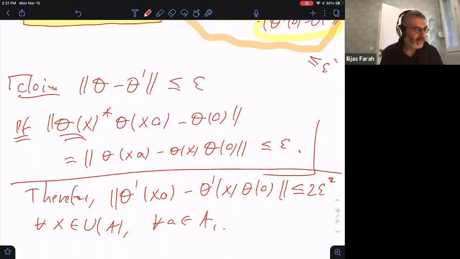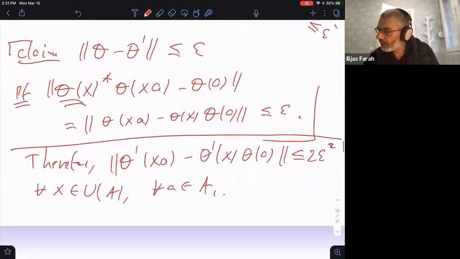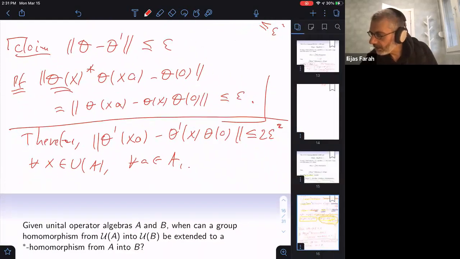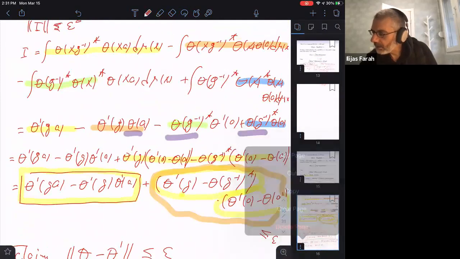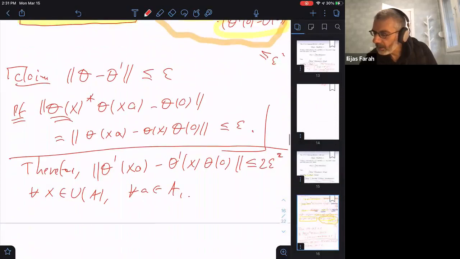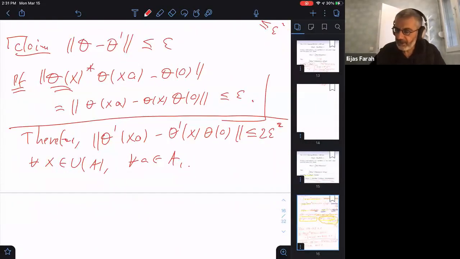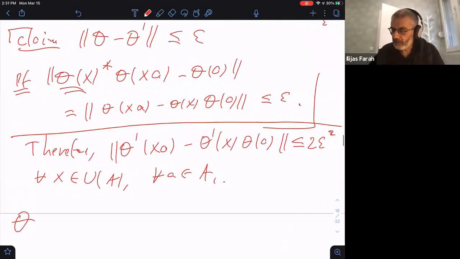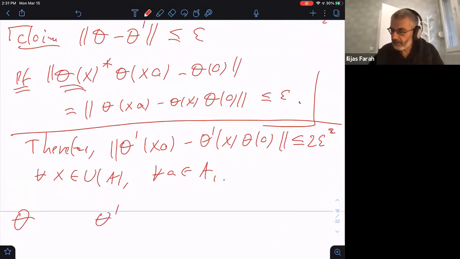All right, so what do we have here? Well, we started from the function theta, which was our approximate morphism, and we obtained this theta prime, which is within epsilon of theta, and it has a better constant.